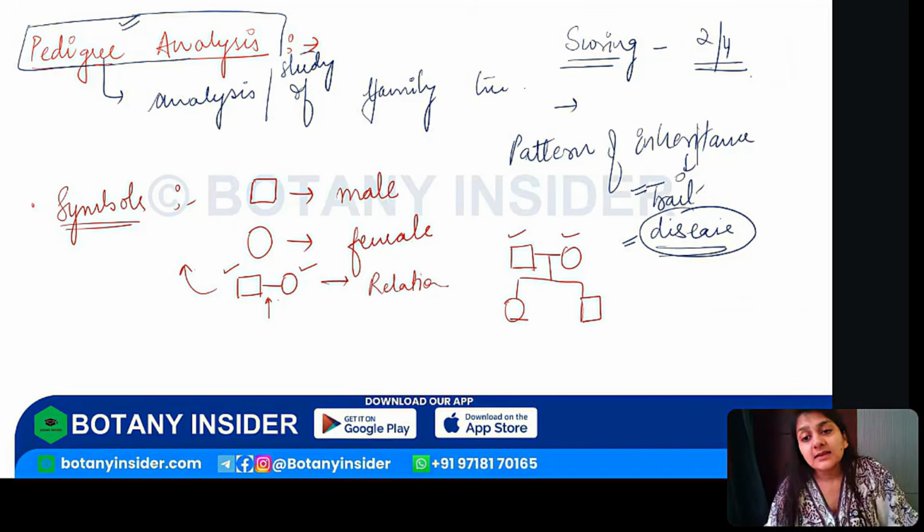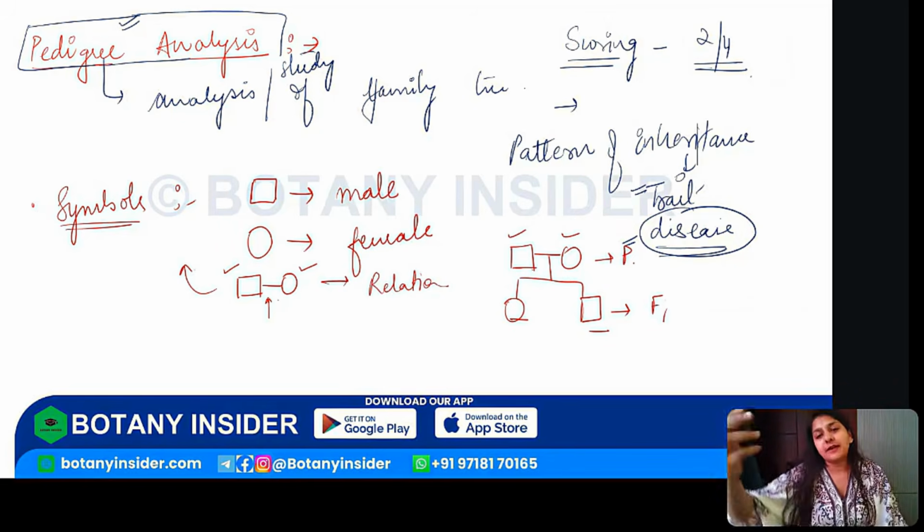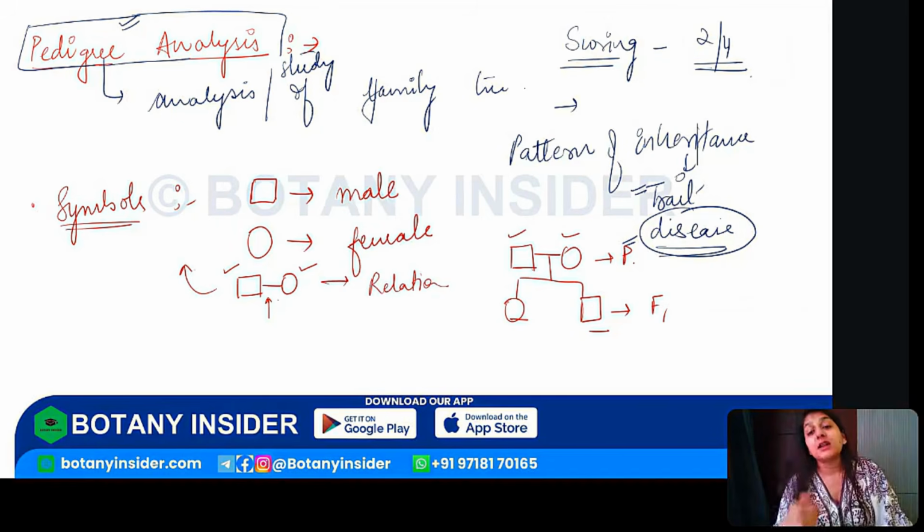So this is the parental generation, and this is your F1 or the next generation, the siblings that are produced. Now the order in which the next generation is produced: first the daughter is born and then a son is born, right? They might have 3 kids, the third one a daughter again. So n number of symbols and components are possible, right?